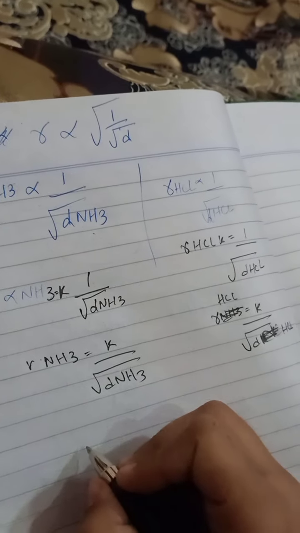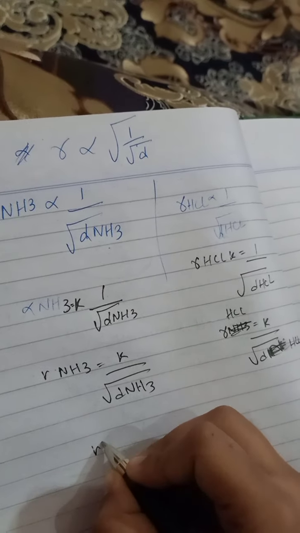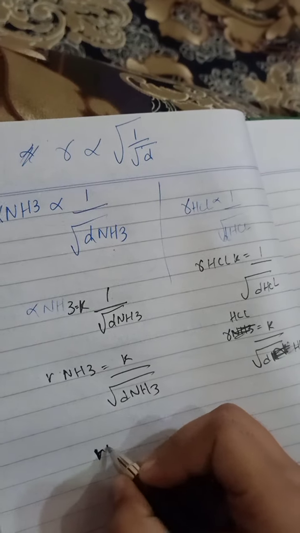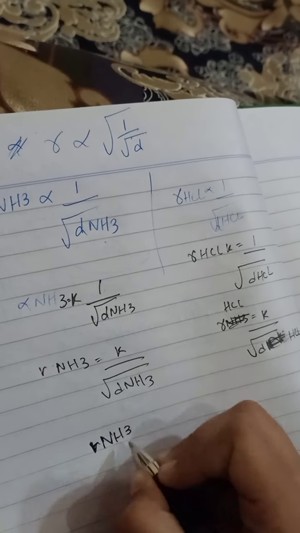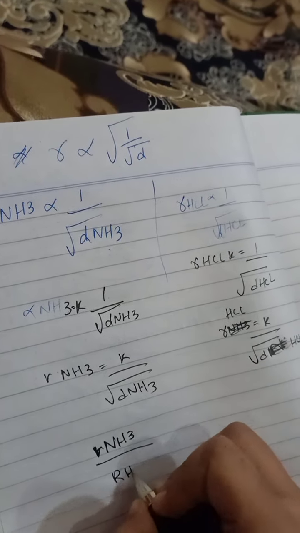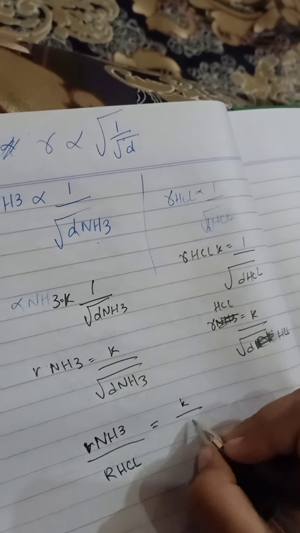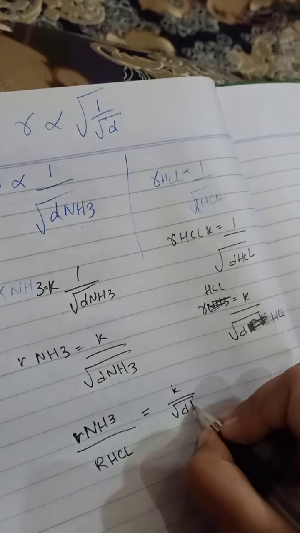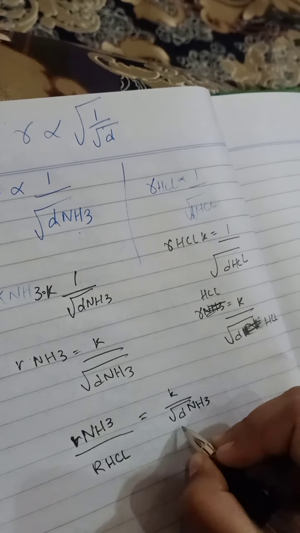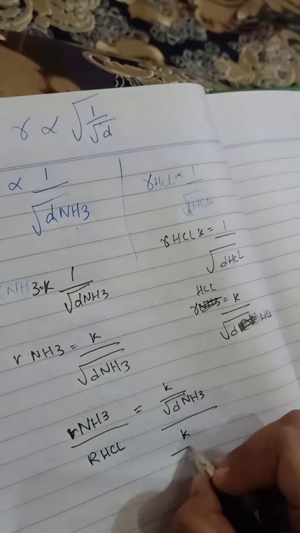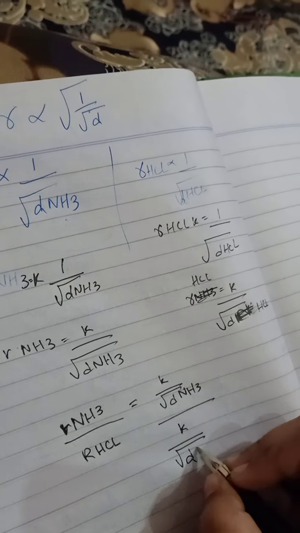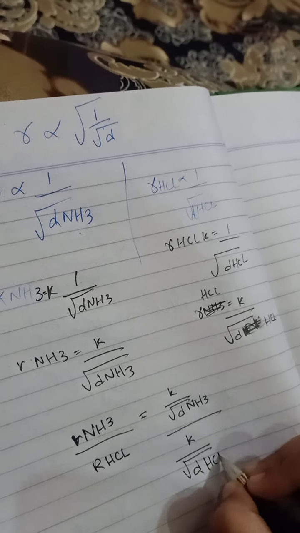So R NH3 upon R HCl is equal to K upon density of NH3 divided by K upon density of hydrogen chloride.